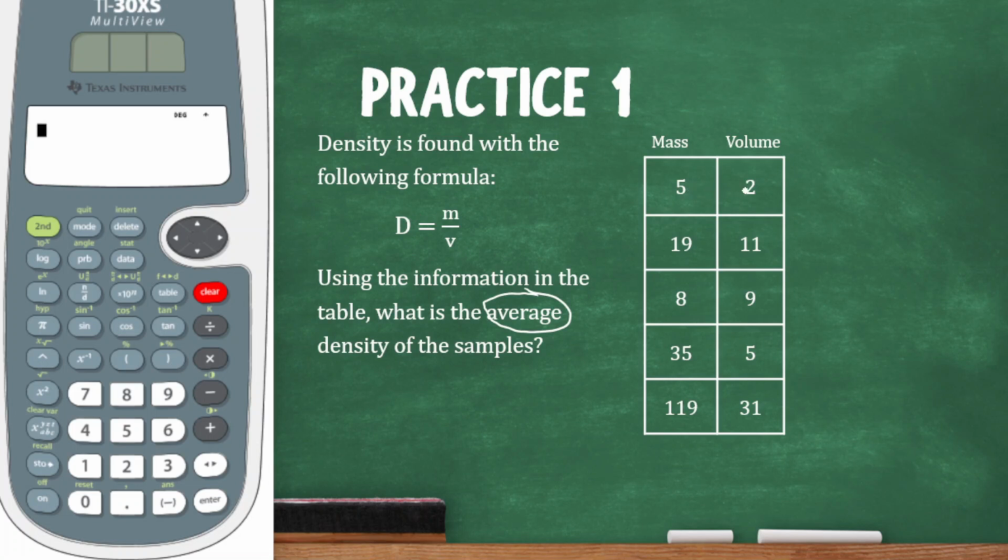So we're going to have to find the density of each of these samples first, and then we can take the average of them. So if density equals mass divided by volume, I'm going to want to do mass divided by volume, so 5 divided by 2, and then 19 divided by 11, 8 divided by 9, 35 divided by 5, and 119 divided by 31.